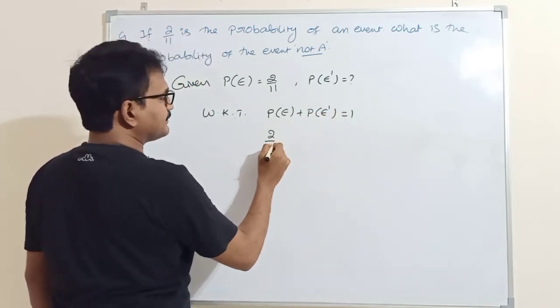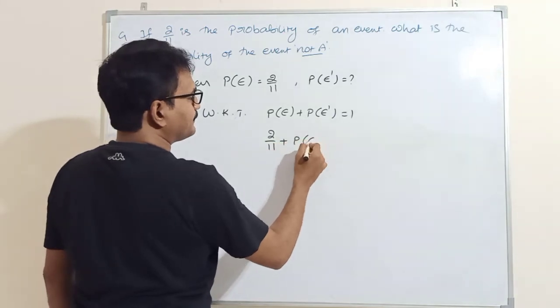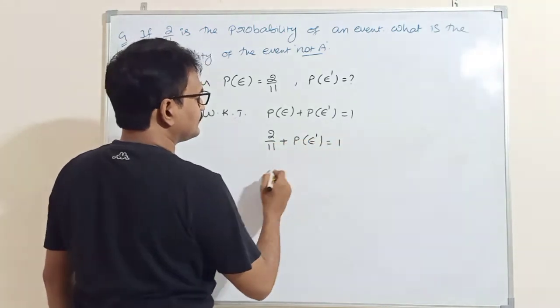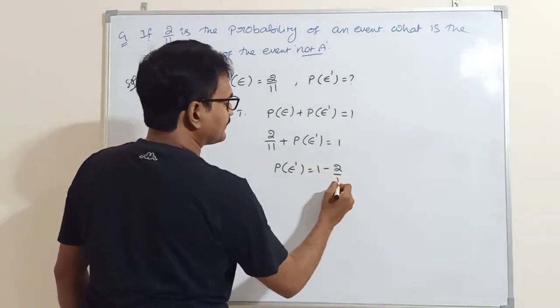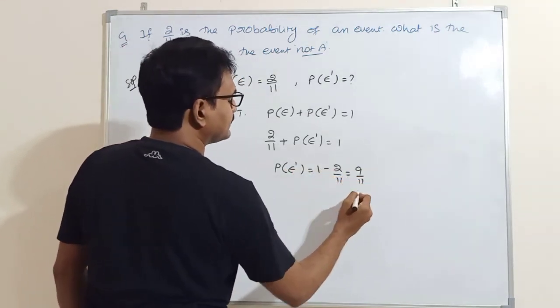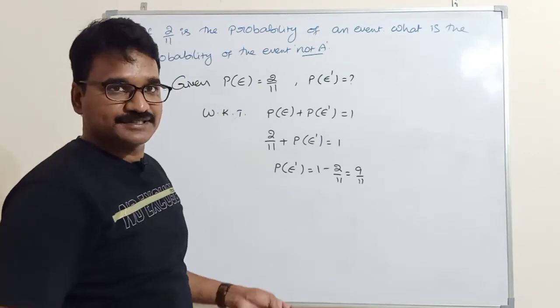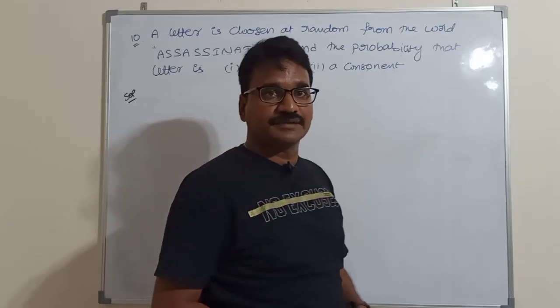So 2 by 11 plus P of E dash is equal to 1. So P of E dash is equal to 1 minus 2 by 11, that means 9 by 11. So P of not A is equal to 9 by 11.